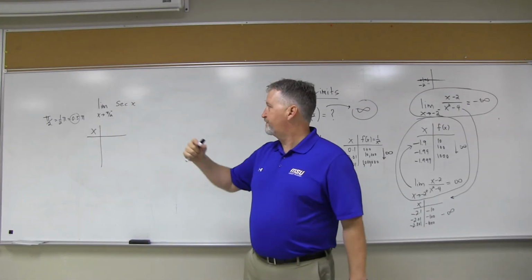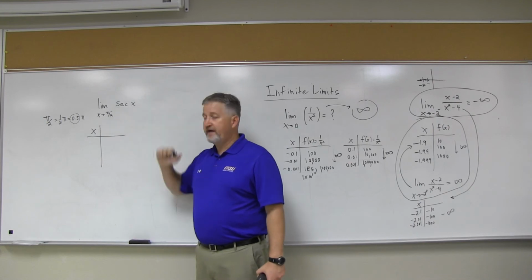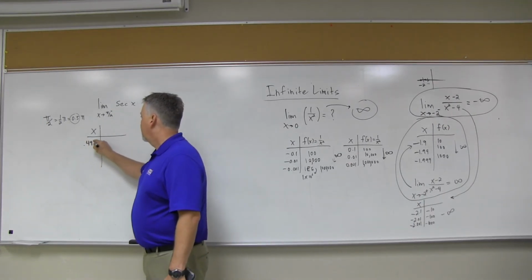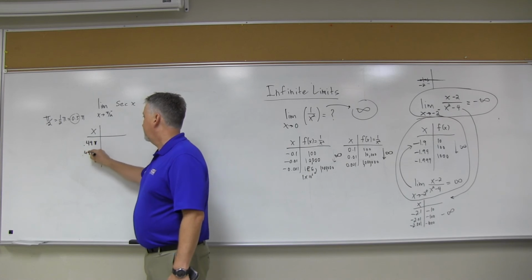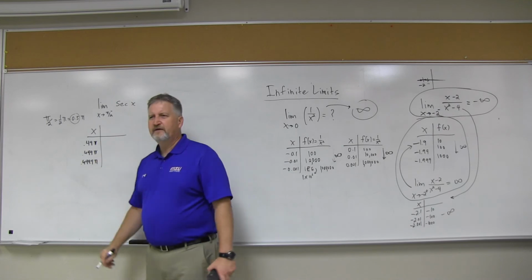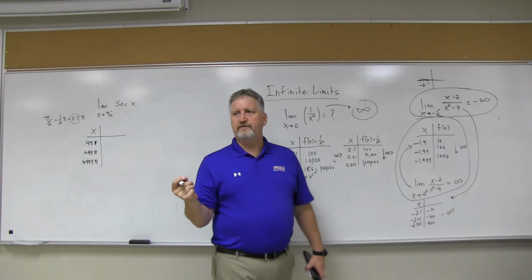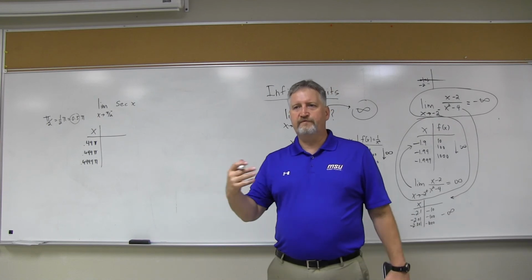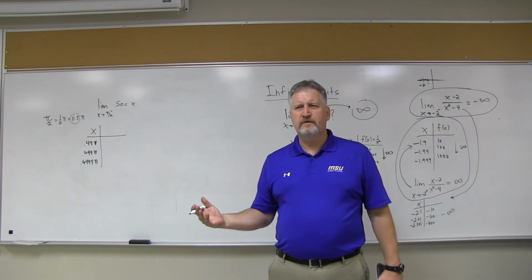So if I approach 0.5 pi from the left, I could do what? 0.49 pi, 0.499 pi, and 0.4999 pi. You see what I'm saying? Approach that 0.5 part from the left.